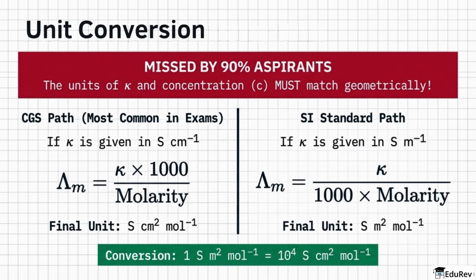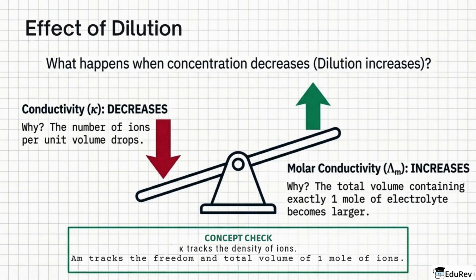And the conversion given is useful to keep in mind. 1 Siemens meter squared per mole equals 10 to the power of 4 Siemens centimeter squared per mole. Dilution changes the two conductance measures in opposite ways. As dilution increases, conductivity kappa decreases because ion density per unit volume drops.